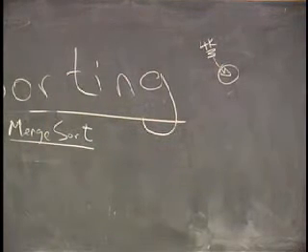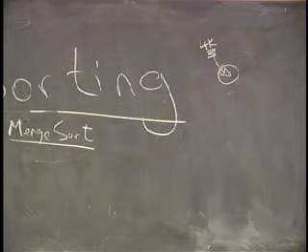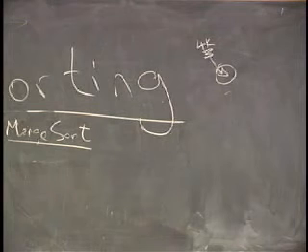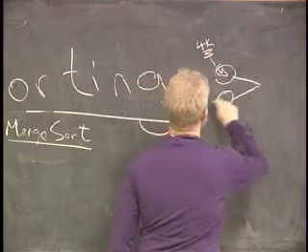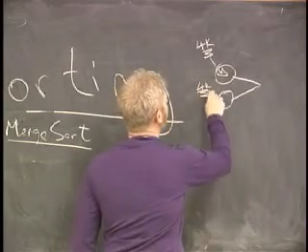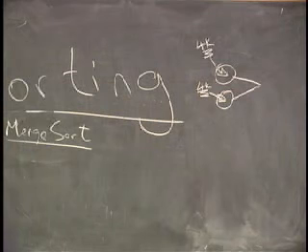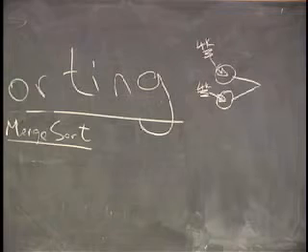So instead of one number, we're talking about a page of numbers that's 4K tuples long, or records long.